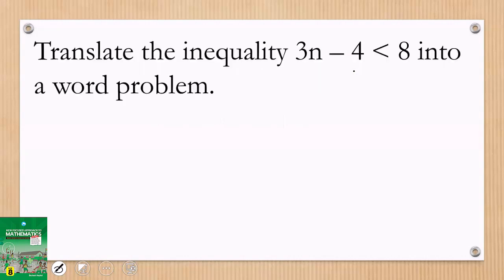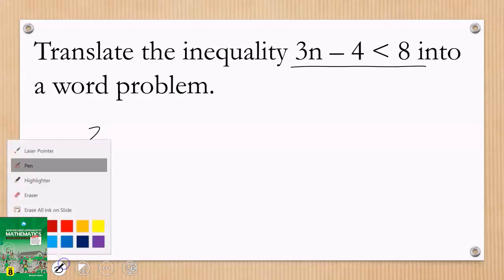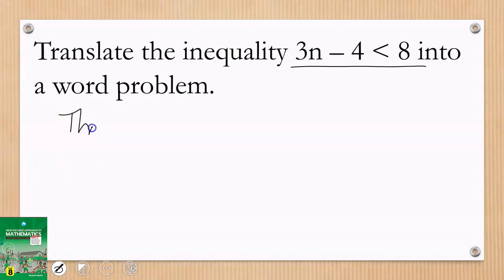Okay, now let's do the other way around. What if I say translate this into a word problem? What will you write? So here I can say 3 times a number, or I can start by saying 4 less than 3 times a number is less than 8.